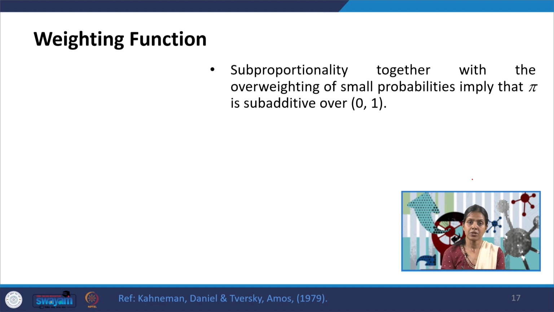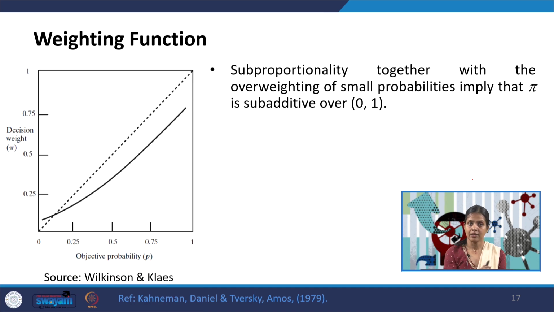So, subproportionality together with the overweighting of small probabilities imply that pi is sub-additive over 0, 1. We are not going to get into the proof of this claim, but these two together actually imply the very first principle that we discussed, of sub-additivity.